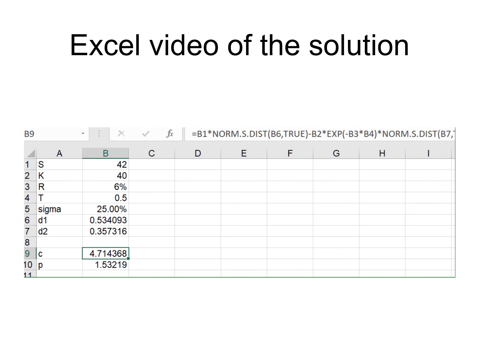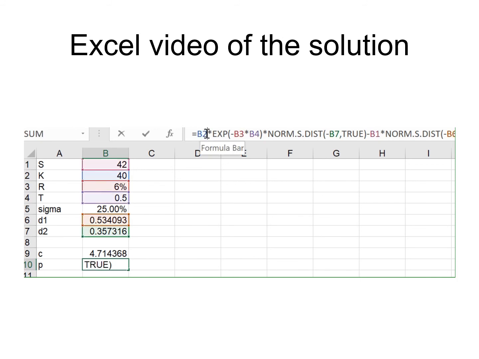And now let's do the put price. The put price is K times exponential of negative RT, right? So it's K times exponential of negative RT times this N of negative D2.